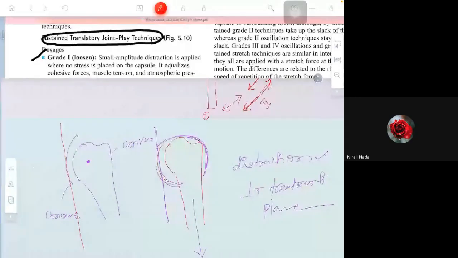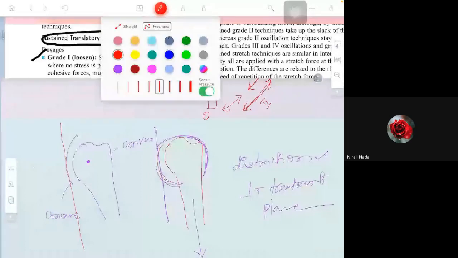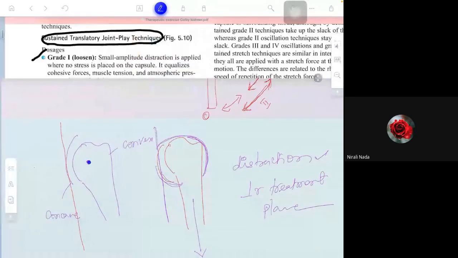Again, I'll repeat. What you have studied, this is point A, the axis of rotation. This is point B. What is point B? It is the center of the concave part. Suppose you take this as concave and this is the center point. Clear?